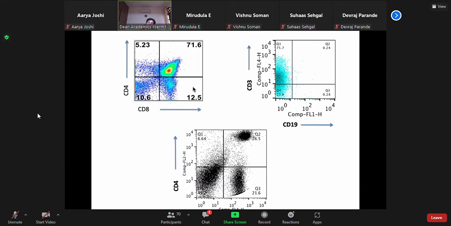And the organ where you find more of these double positive cells for CD4 and CD8, you don't find in any of the secondary lymphoid organs, and you also do not find this in bone marrow. So this has to be the thymus. Thymus is the site where T cell development takes place.